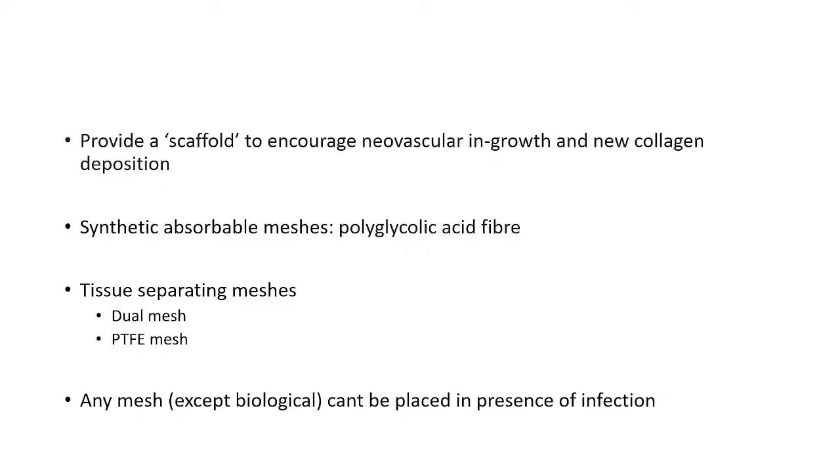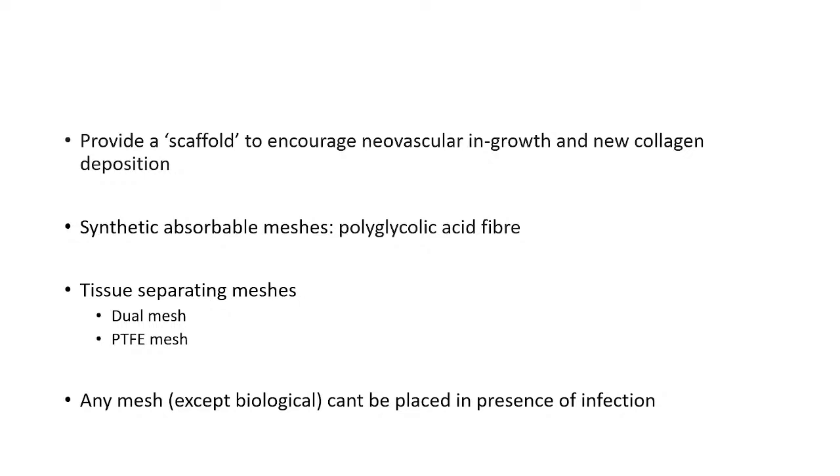So, one is the PTFE mesh, other is the dual mesh. Dual mesh means it has two surfaces, one that has polypropylene and adheres to the parietal wall, other is a non-adherent surface that faces the small bowel. So, that is much cheaper, but it has two surfaces and should be placed carefully.